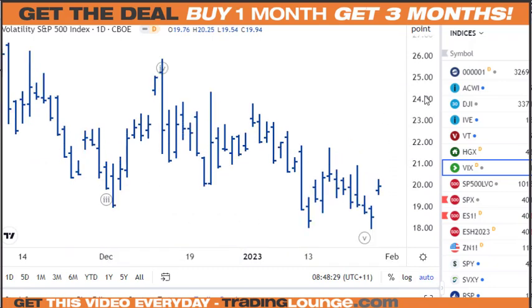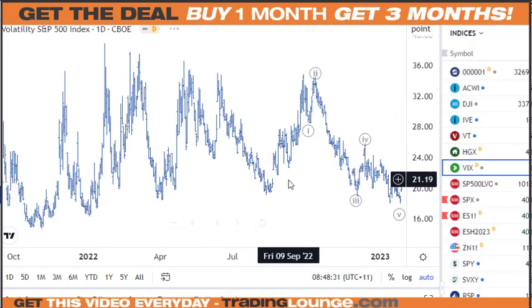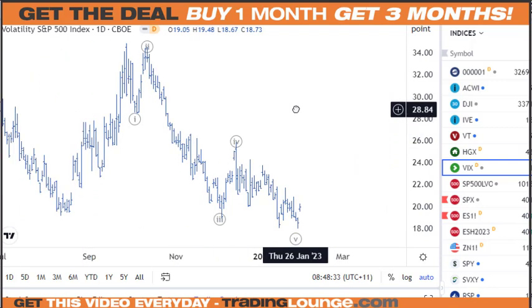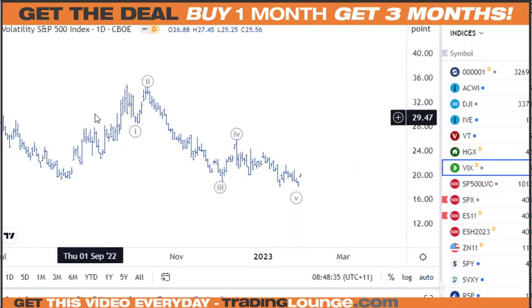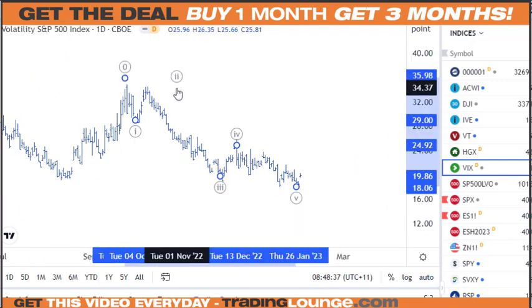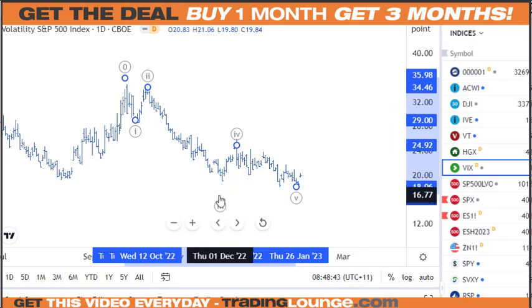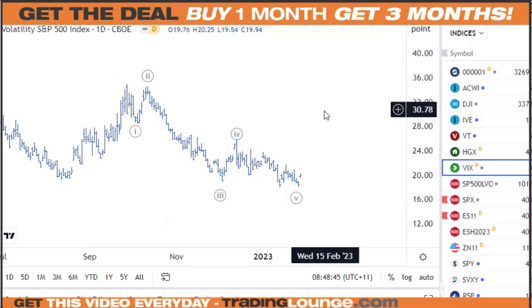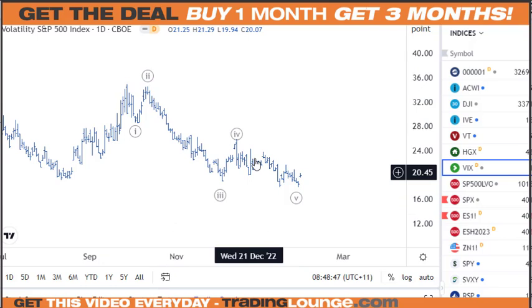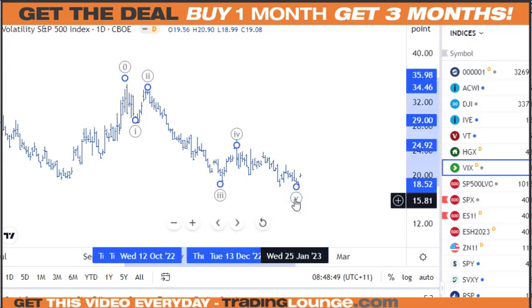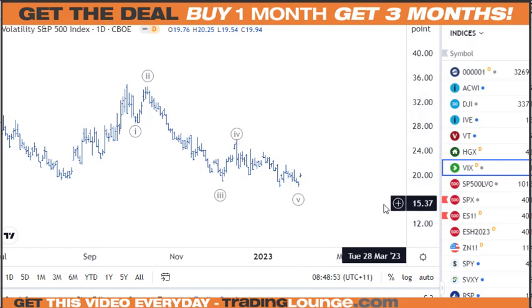On the daily chart here, for what it's worth, I can see that we've got 1 and 2 here, and then 1, 2, 3, maybe the ABC for 4, or 1, 2, 3, 4, 5 here. So a nice third wave, fourth wave, and the fifth wave is all a bit scrunchy, with 1, 2, 3, 4, 5 making a low here. So it looks like the VIX can push up from here, with some volatility coming in. That's what's sort of showing in the market.